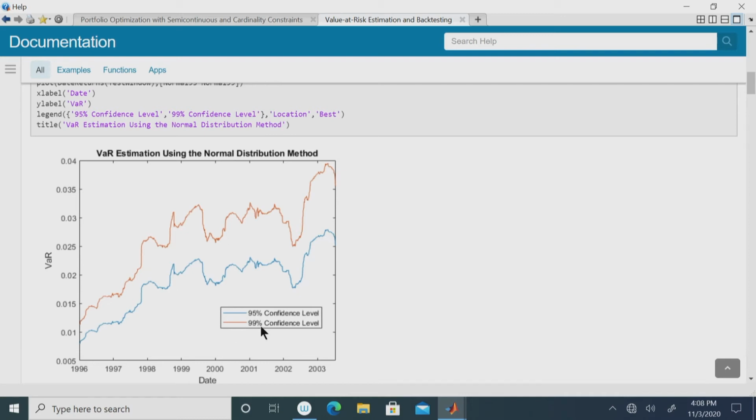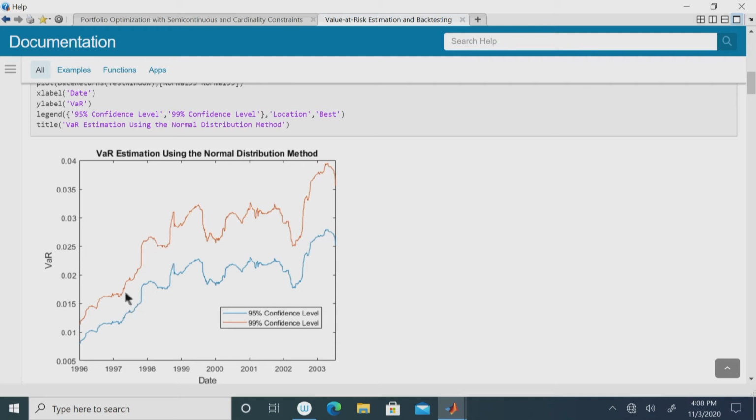Obviously, when you are looking at 99% confidence level, the value at risk that you are estimating is going to be more than the corresponding value at risk at 95% confidence level, because 99% confidence level means that you will get a much more conservative estimate of the value that is actually at risk.